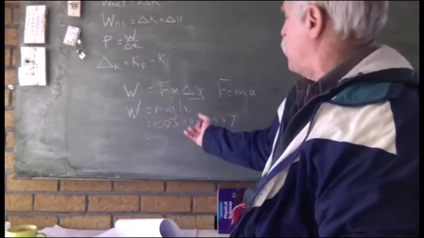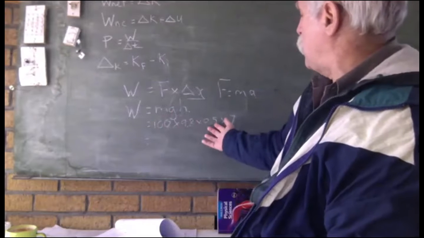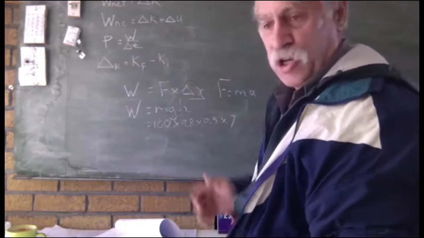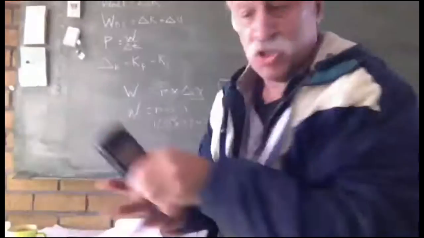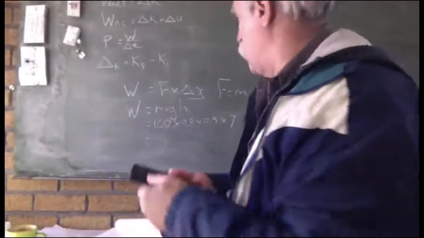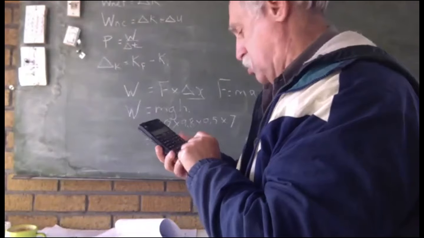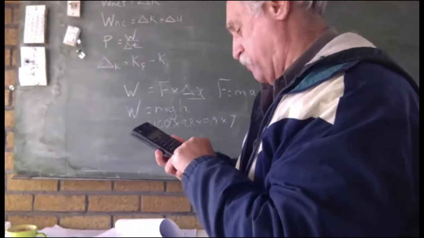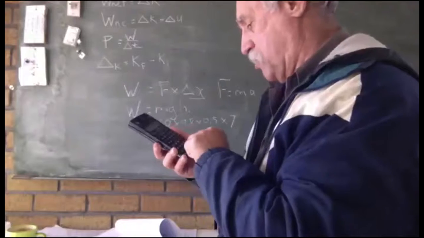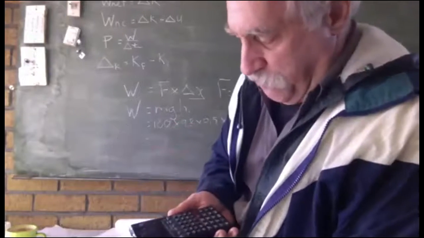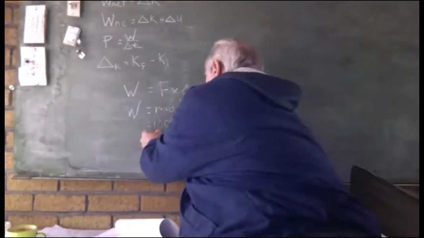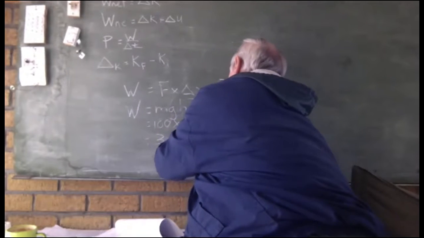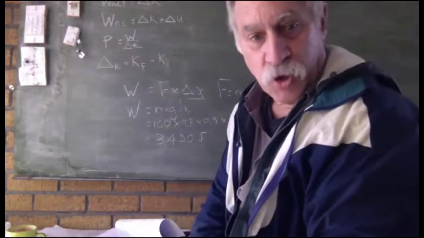So it's 100 times 9.8 times 0.5 times 7. I did 3,430 joules of work.